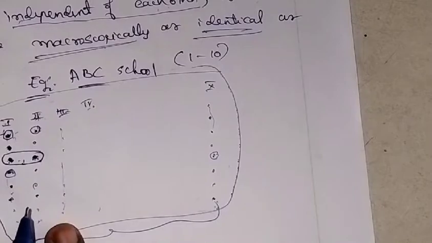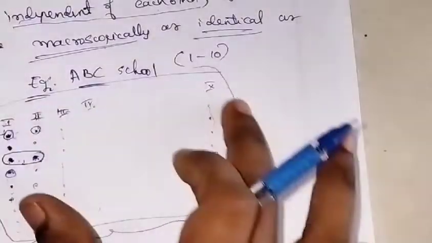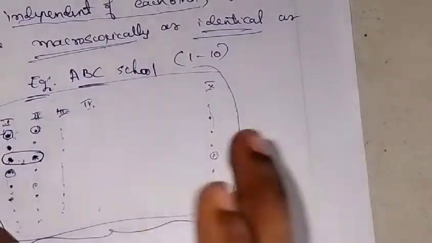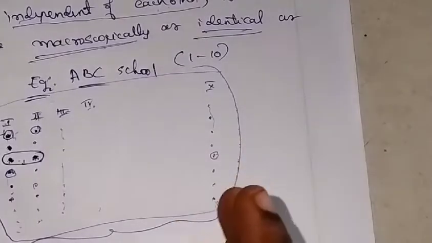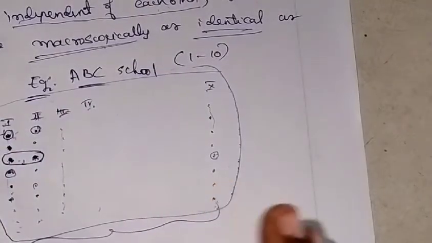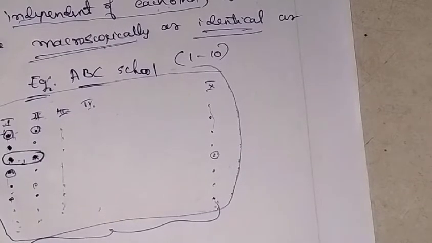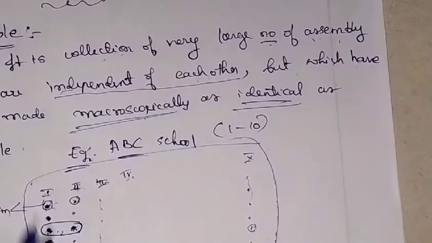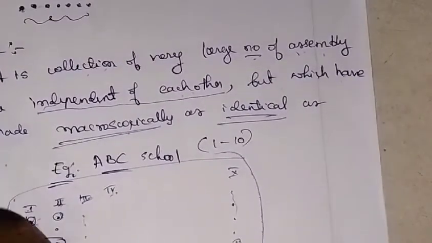Just like that, if you consider these assemblies as bulk, or on the macroscopic scale, they look identical. They will be identical as possible. This is how the definition is. But what is an ensemble?